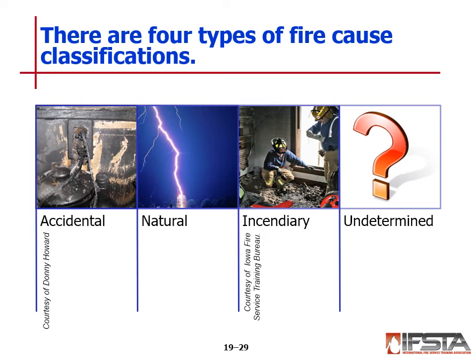So there are four types of fire cause classifications: accidental, natural, incendiary, and undetermined. So accidental does not involve a deliberate act, but it could be just an unsafe behavior, like the one I mentioned before, plugging in multiple high amp devices into a single socket.